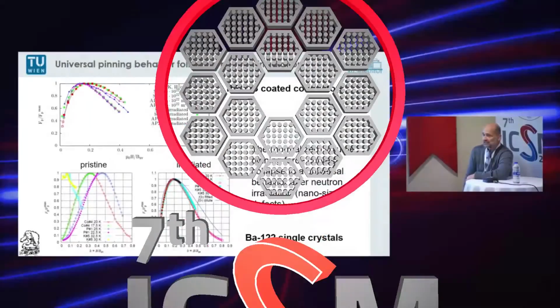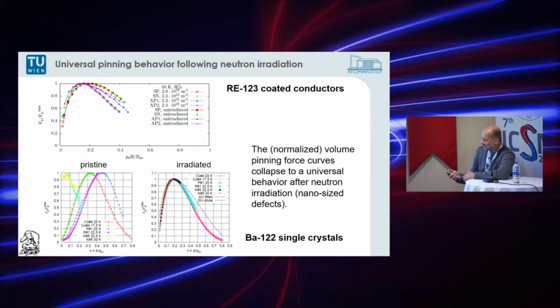Let me start with neutron irradiation experiments, and the salient point is that if you start with pristine materials, here on the bottom left panel you see different 1-2 materials. In the pristine state, this is the volume pinning force as a function of magnetic field.